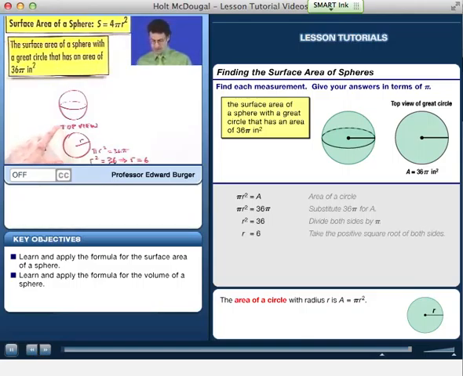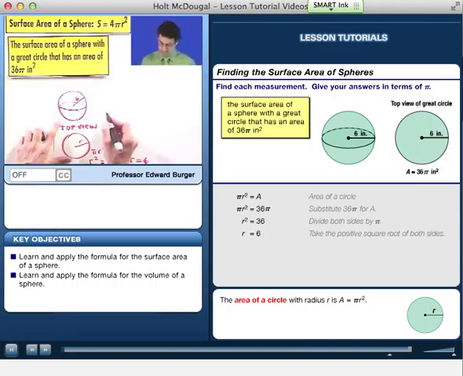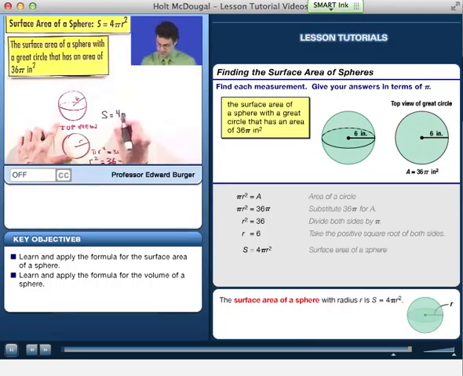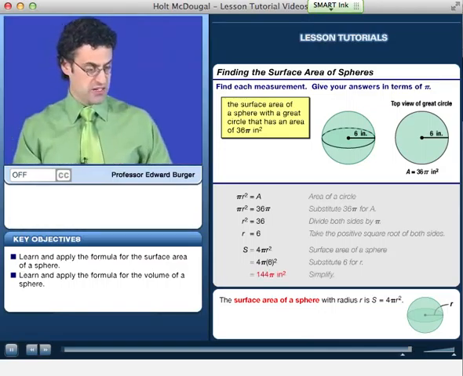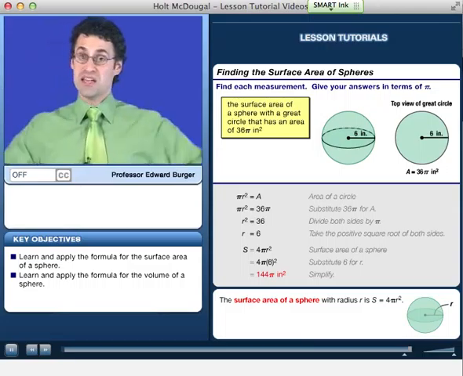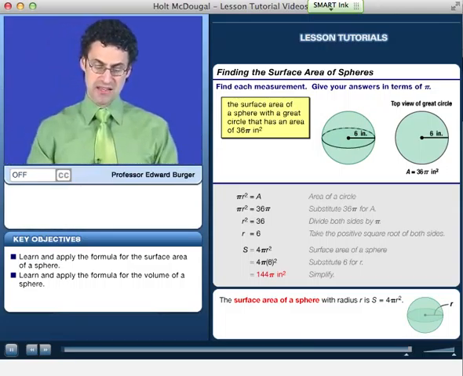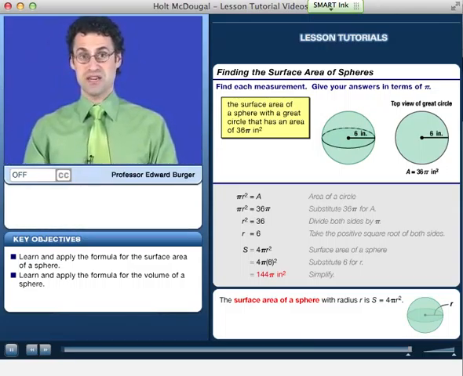So this sphere has radius 6. That's not the answer. That's the key to unlock the answer, because now I can find the surface area. It's 4 times pi times 6 squared, which is 36. And so I see 144 pi, and my units are inches squared. And so you can see that we can use lots of different pieces of information, sew them together, and actually answer lots of interesting, fun questions involving spheres.